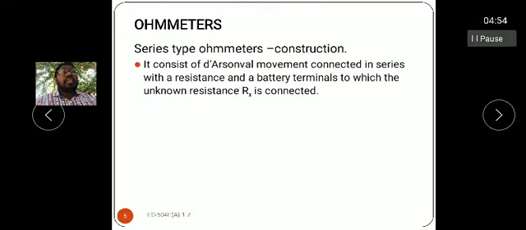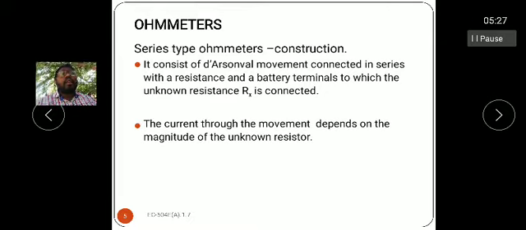The series type ohmmeter construction consists of a D'Arsonval movement connected in series with a resistance and battery, with terminals to which the unknown resistance Rx is connected.